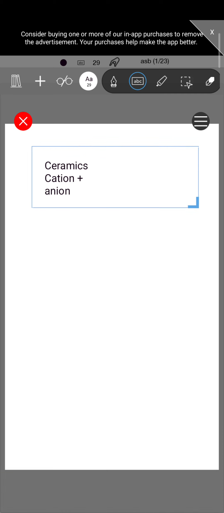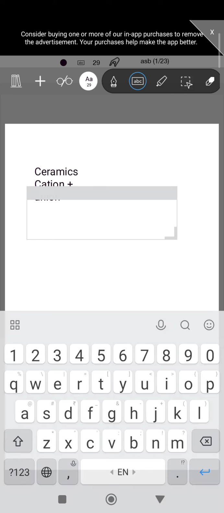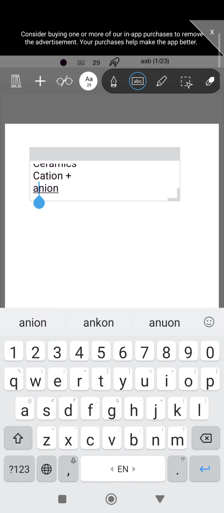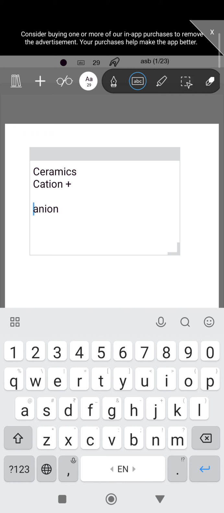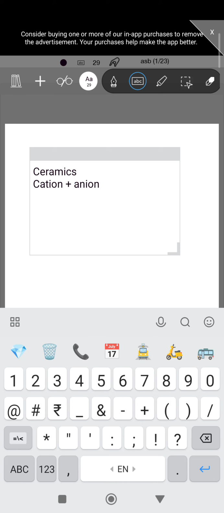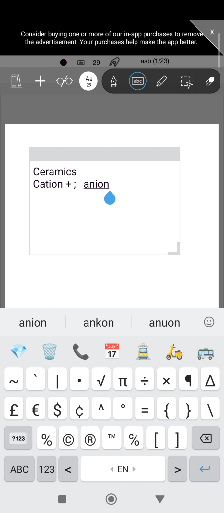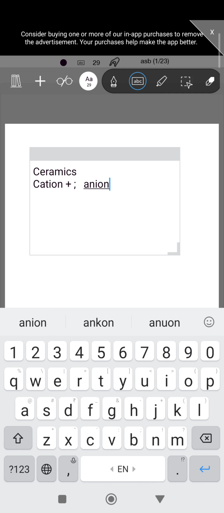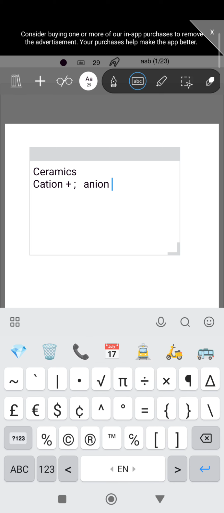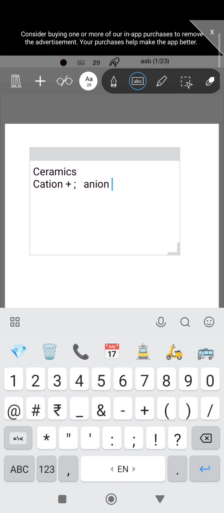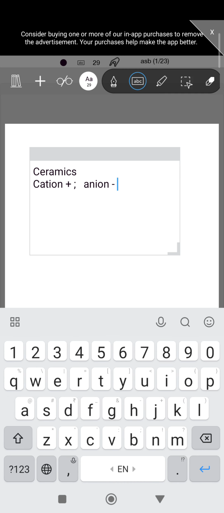And the bonding that exists between these two, this one, cation, is positive, then we have anion, which is negative. And the bonding that exists between a cation and anion is a combination of ionic and covalent.